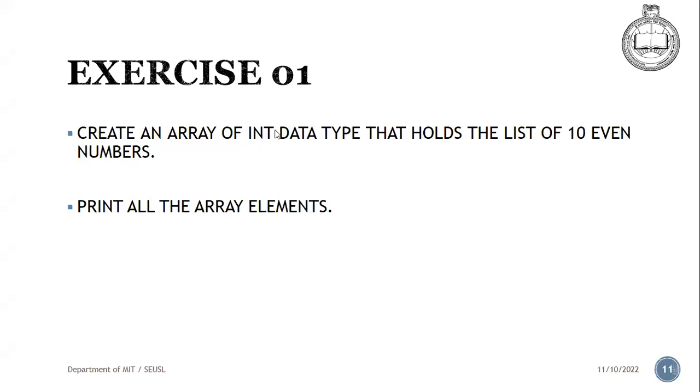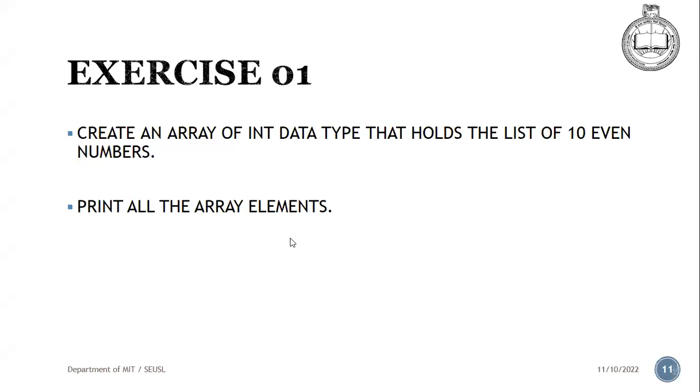The data type is int. Based on the part of the sentence that says it holds a list of 10 even numbers, you can understand the size of the array and what elements should be there in the array.